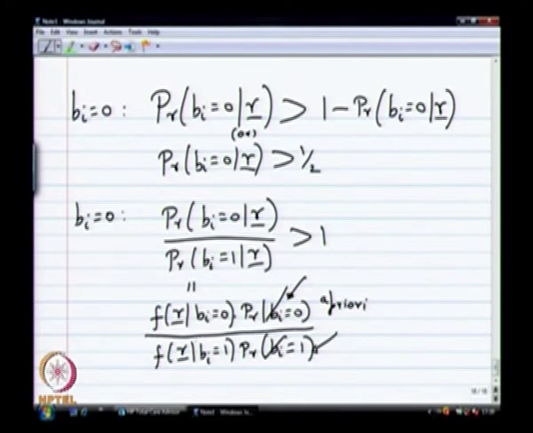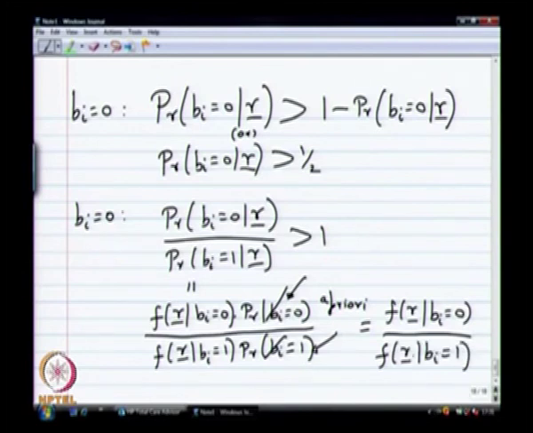So this ratio actually becomes the same as the ratio of the likelihood of r given Bi is 0 and the likelihood of r given Bi is 1. This is called the likelihood ratio.